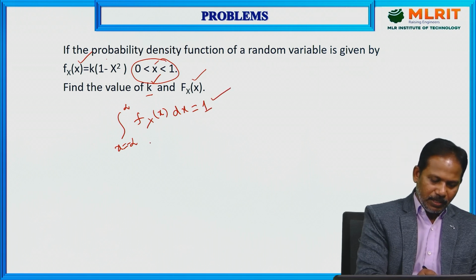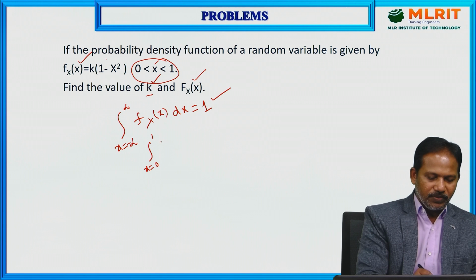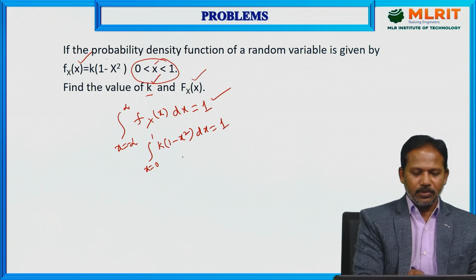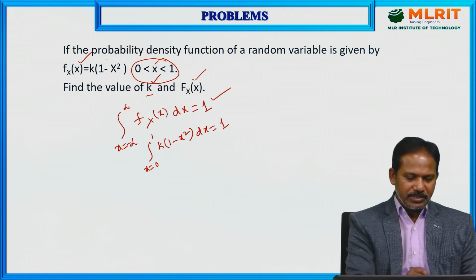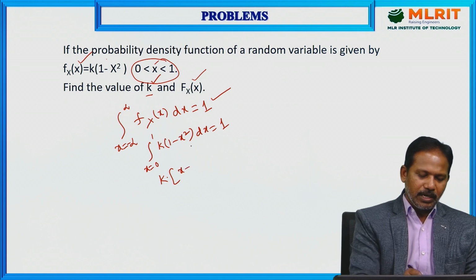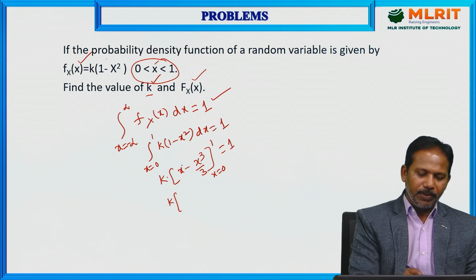See, integral of x, here the lower limit is given as 0 and the upper limit is given as 1, with my density function k into 1 minus x square with dx is equal to 1. Now I need to apply the integration for this. Here k is the constant, integration of 1 is x, and integration of x square is x cube by 3, from x equal to 0 to 1 is equal to 1. That is k into, I need to substitute the upper limit and lower limit.